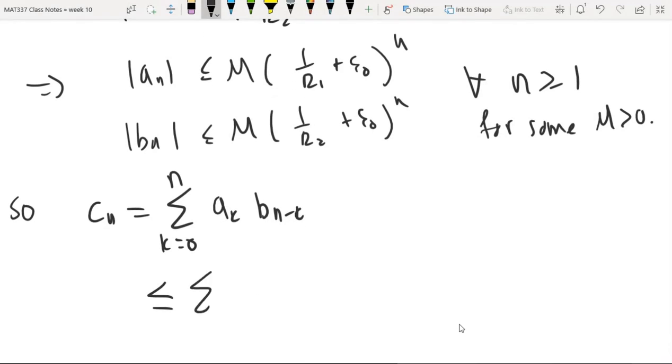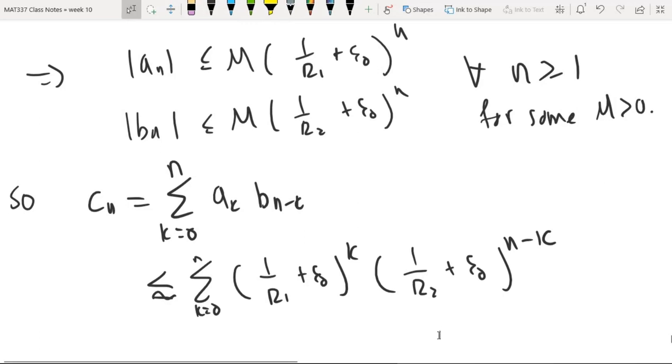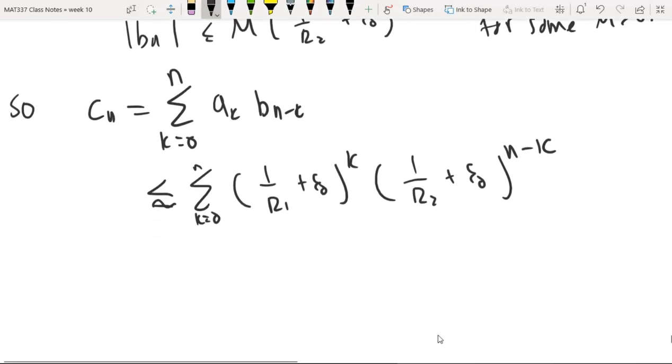So, 1 over R1 plus epsilon naught to the k, and 1 over R2 plus epsilon naught to the n minus k. Fine. So 1 over R2 to the n.